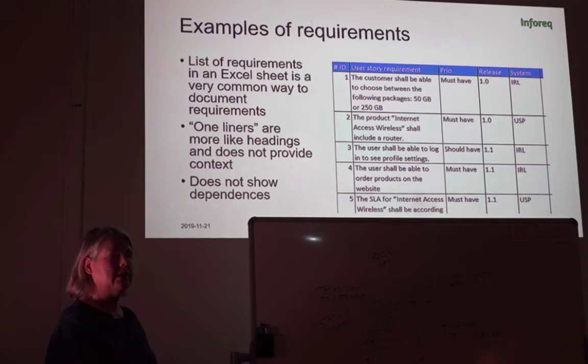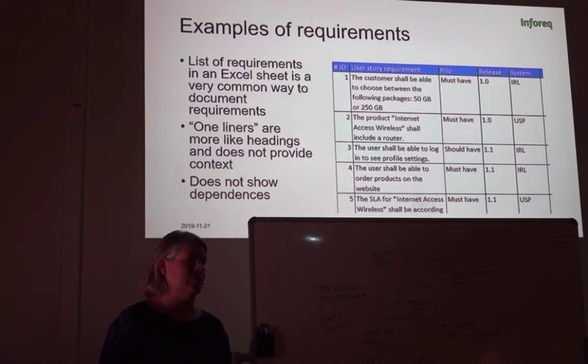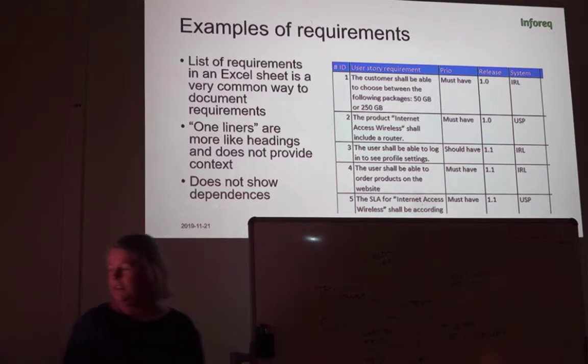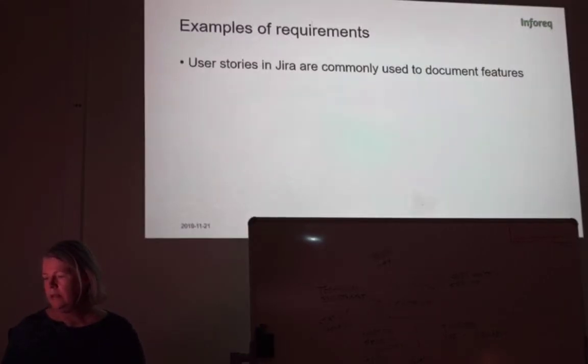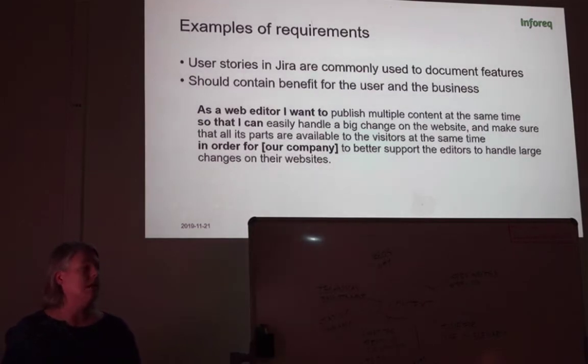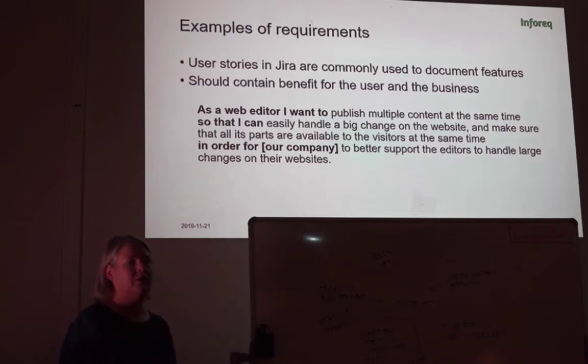You just get a list with summarized features, but with no benefit, and it doesn't show any dependencies to other features. And user stories. How many of you are working with the full format of user stories with the benefit? You are? Is it just one?